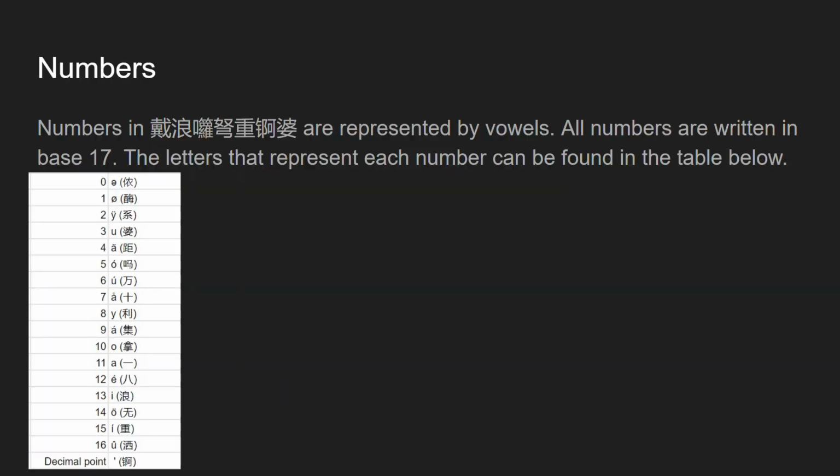But anyways, now let's talk about numbers. Numbers are represented by vowels. All numbers are written in base 17, everybody's favorite base. The letters that represent each number can be found in the table below.